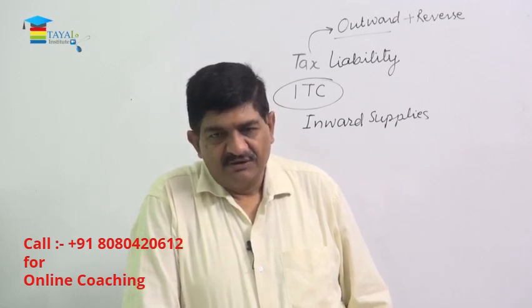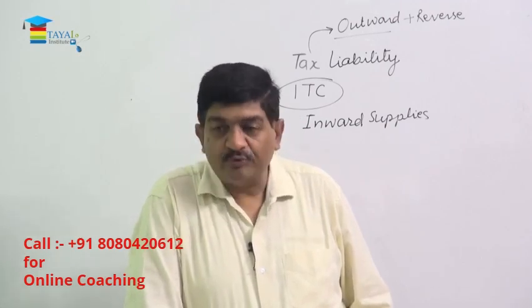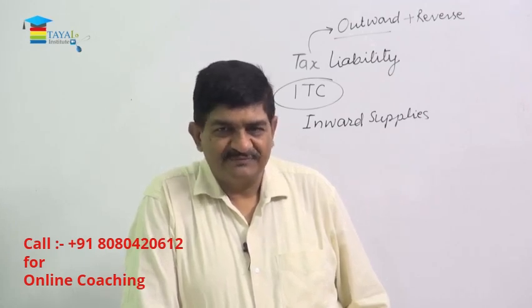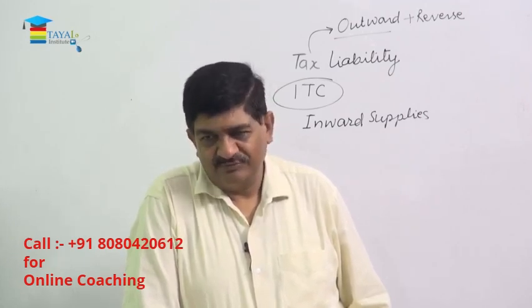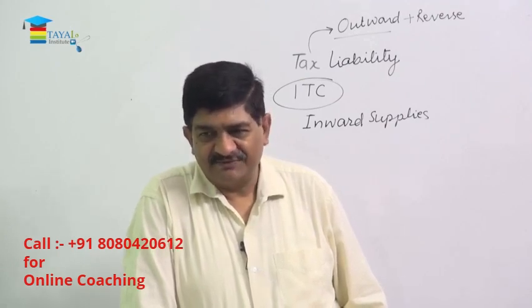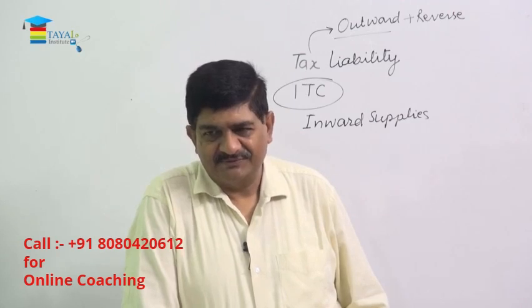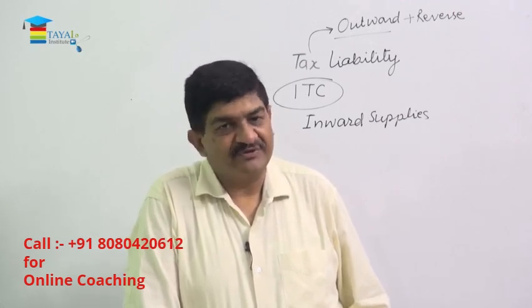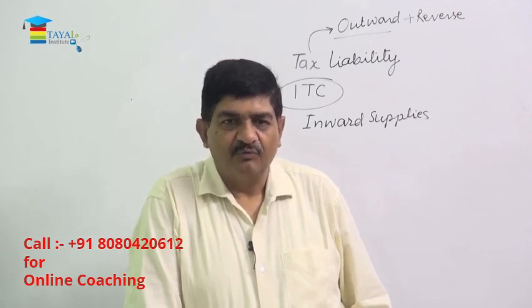Good. When you supply outwards, then invoice, value, quantity, rate of tax, amount of tax. That we have already seen, what is required to be there in the invoice. Everything is needed. What for?